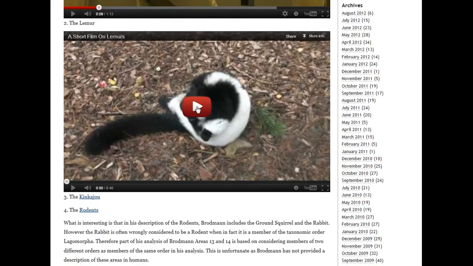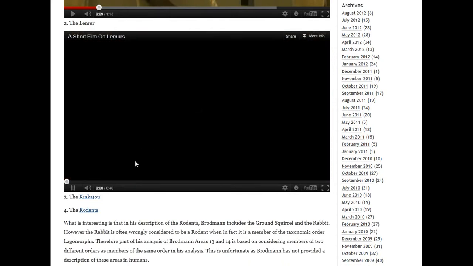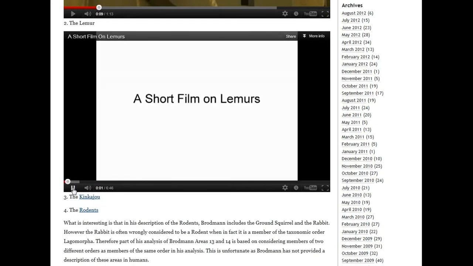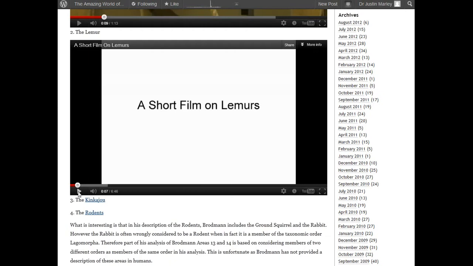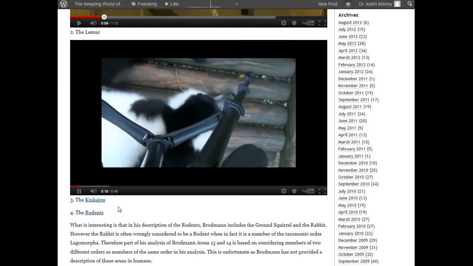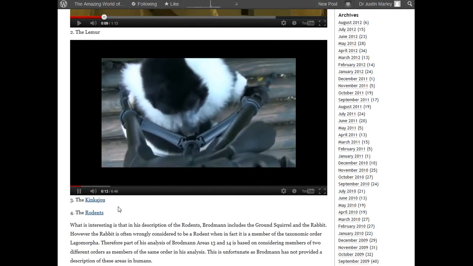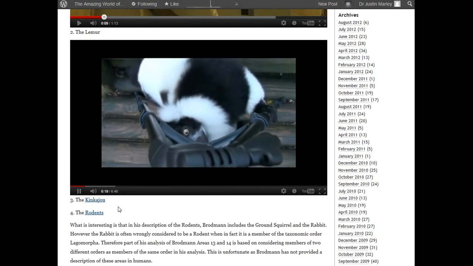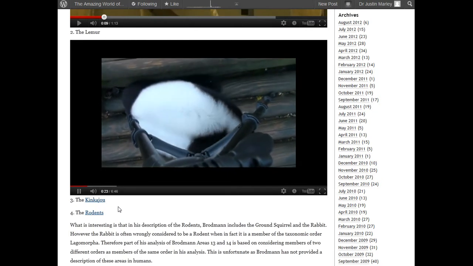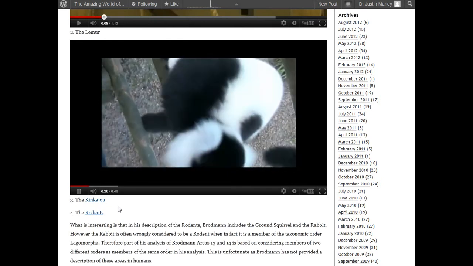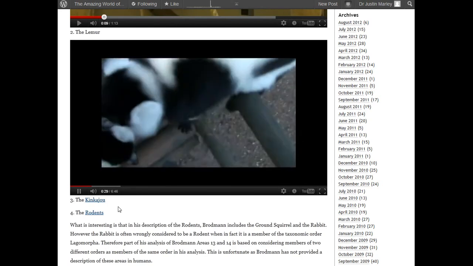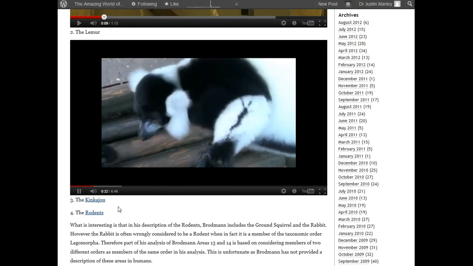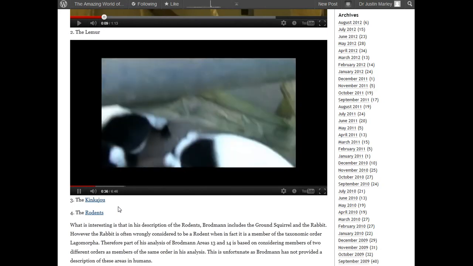He also shows them in lemurs, short film here. These lemurs are really fascinating.